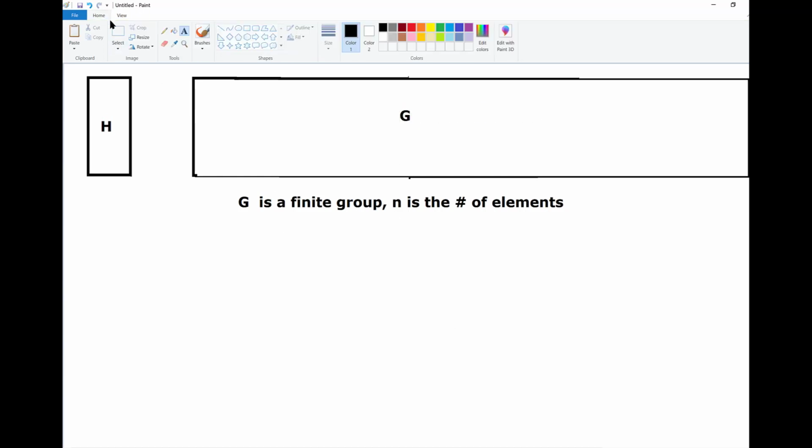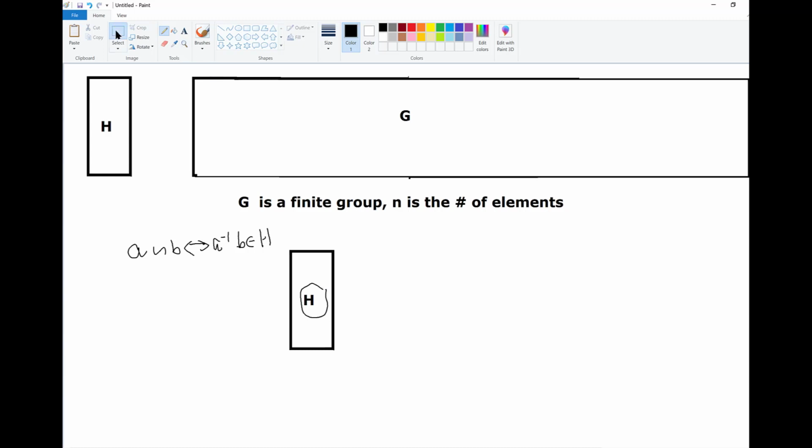So now what we are going to do is look at the equivalence classes that are created by the equivalence relation that we had, that a is related to b when a inverse b is in H. Now we are going to show that any two cosets of this subgroup H are in a one-to-one correspondence.